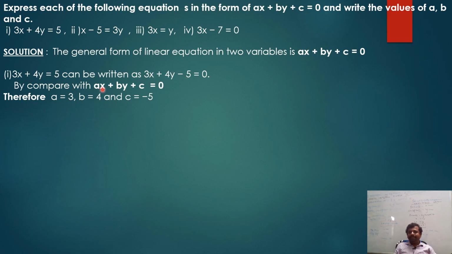Students, compare the given equation with ax plus by plus c is equal to 0. Observe here: 3x plus 4y, and this minus 5 can be written as plus of minus 5, is equal to 0.